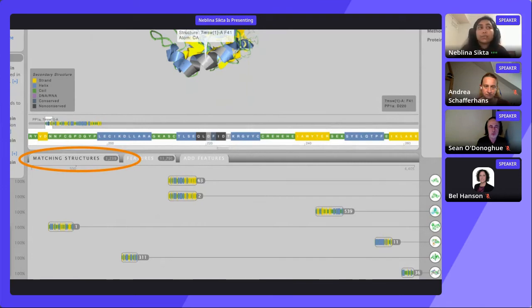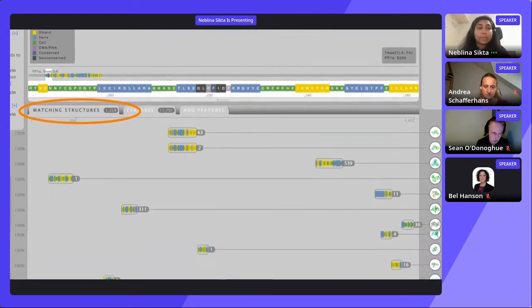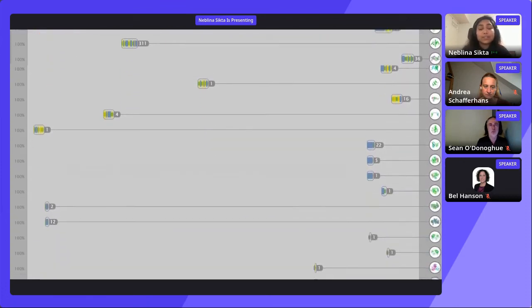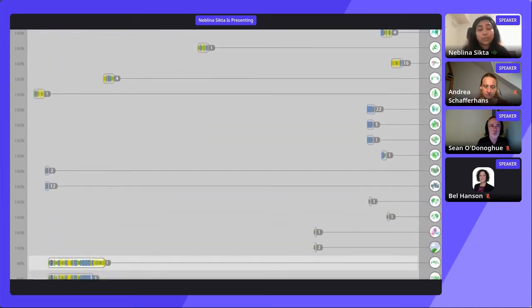We also take into account the e-value, the resolution, and the experimental method used to determine the PDB structure to further order this sorted list. After the sorting is done, we cluster all the structures based on the region that they cover and the length of the region that they cover as well.